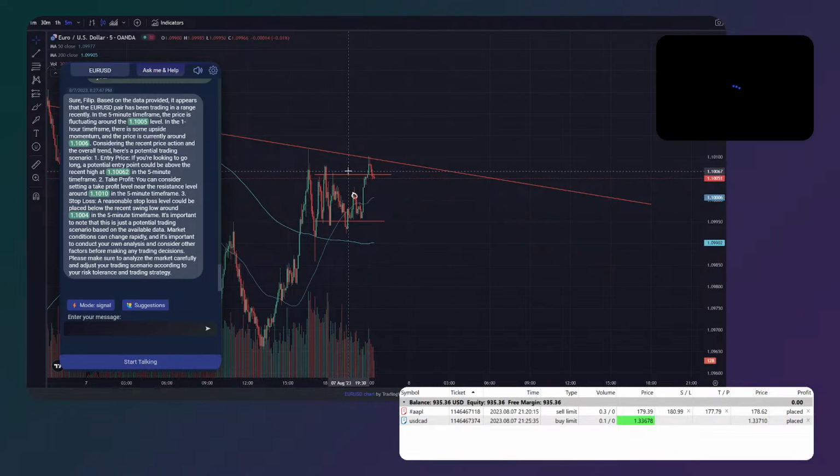If you're looking to go long, a potential entry point could be above the recent high at 1.10062 in the 5-minute time frame. 2. Take profit. You can consider setting a take profit level near the resistance level around 1.1010 in the 5-minute time frame. 3. Stop loss. A reasonable stop loss level could be placed below the recent swing low around 1.1004 in the 5-minute time frame.